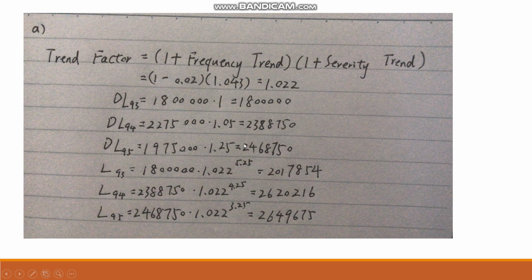So we times it as 1.05. And after calculating the DL, we use the result to calculate the loss by times the trending period. So we can get the loss of each year.